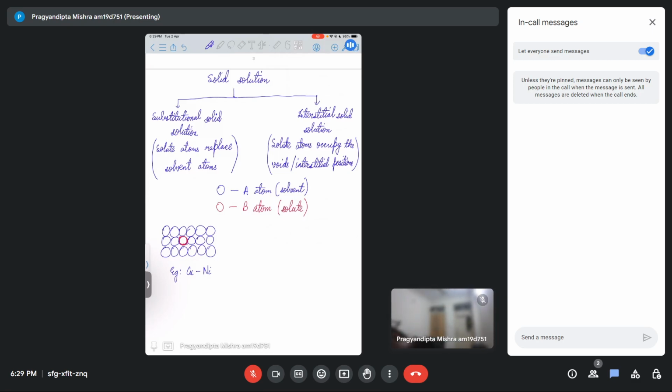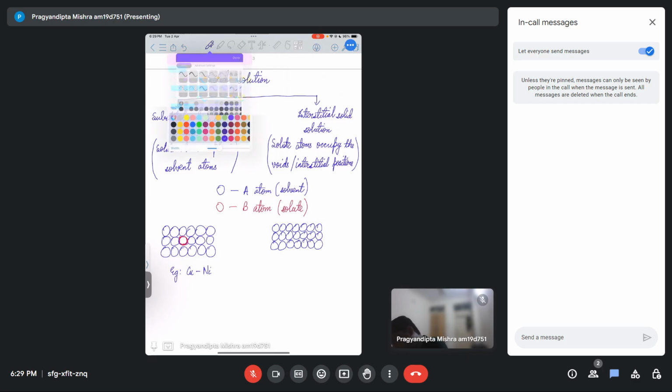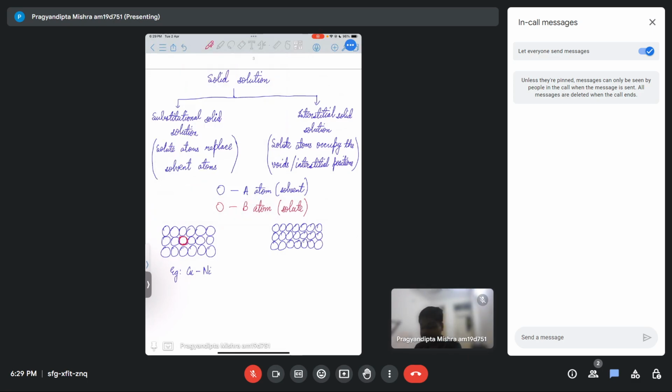While in the interstitial case, how does that happen? If we have a similar crystal structure, let's say like this. Here, the interstitial atom or the solute atom will be in the interstitial position. So it will be somewhere here, might be somewhere here.